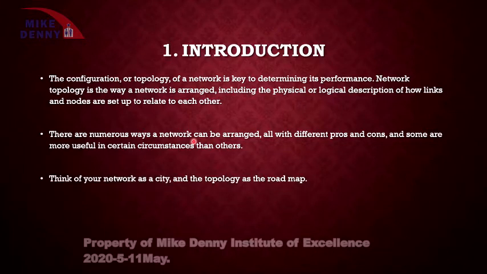Then think of your network as a city. Imagine your network as Yaoundé City, and the topology is like the road map, right? You can leave from Bastos and go to McDenny, but there's not only one path leading to McDenny from Bastos. You can go from Bastos through a region or province.